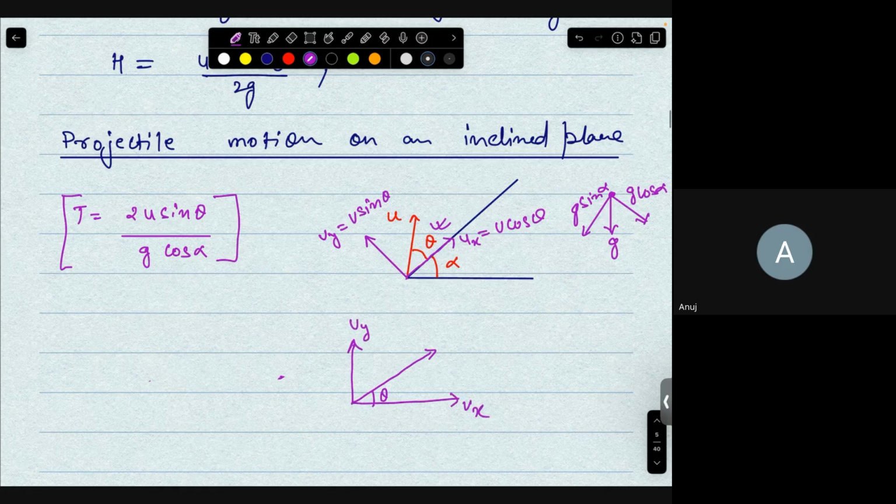Then you need to look for the acceleration part. If you know these two things, with the help of time you can write any equation from the equations of motion in one dimension. Accordingly, you can solve a number of problems.